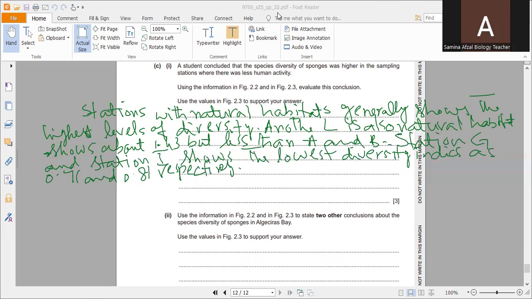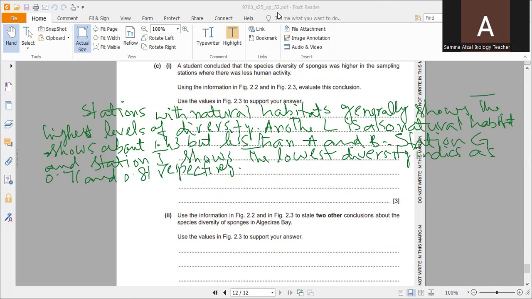Both are the thermal power station and the shipbuilding station, you can see. So now we go with the evidence which is not supporting the conclusion; they are not going with the question.